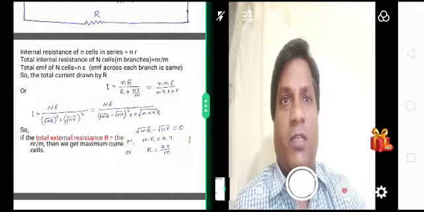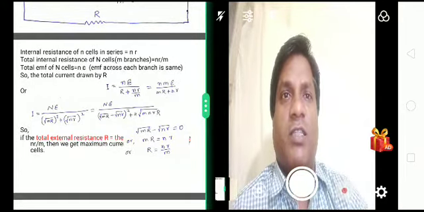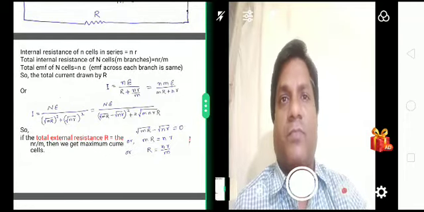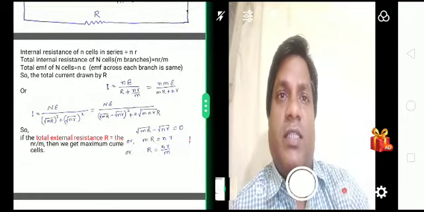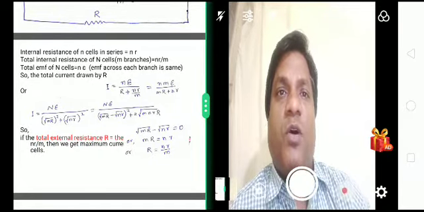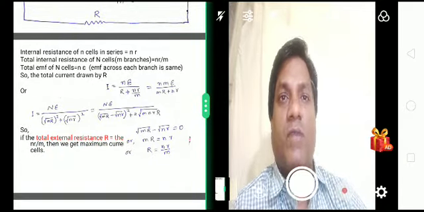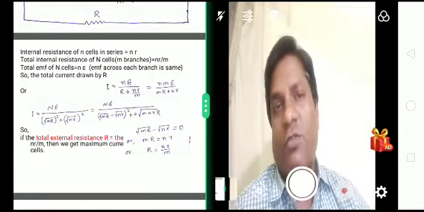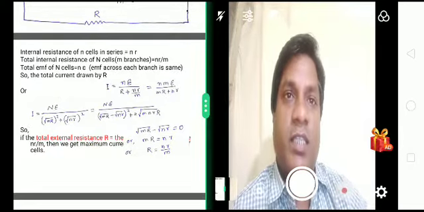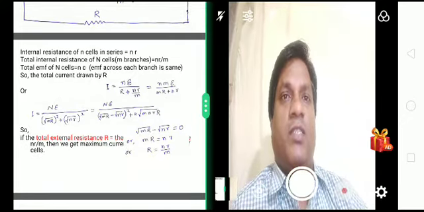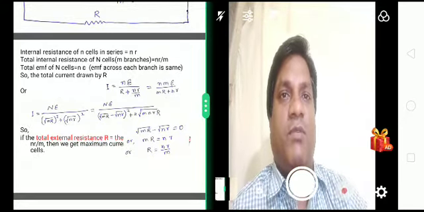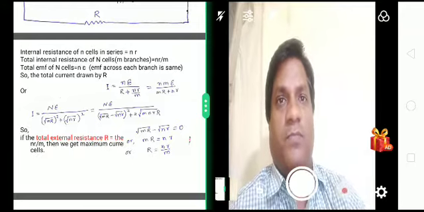Now the total EMF of the n cells is equal to nE. Why small n? Because the total number of cells in series in one branch is n.